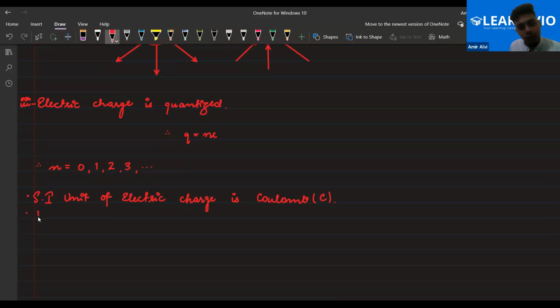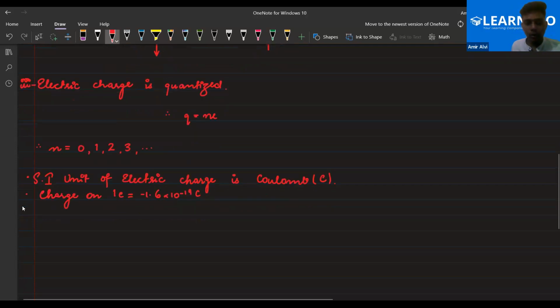So the charge on one electron is equal to minus 1.6 into 10 to the power minus 19 coulomb. Okay. So this is the charge on one electron, and the charge on one proton is the same, but the difference is of sign.